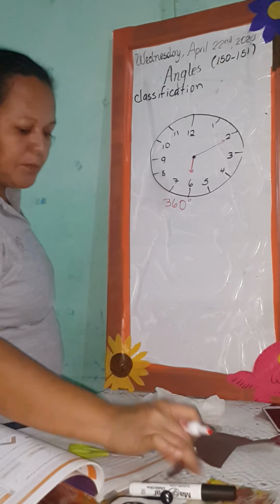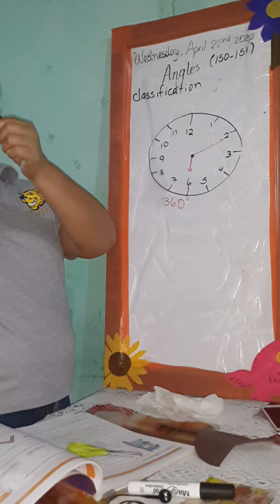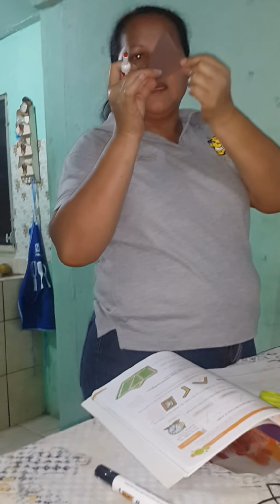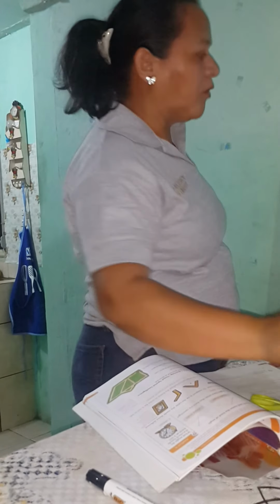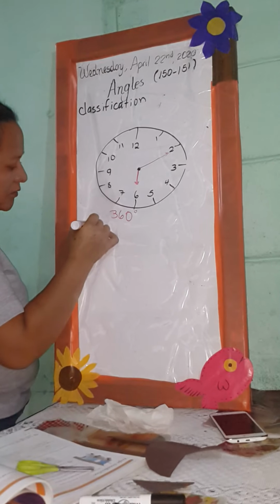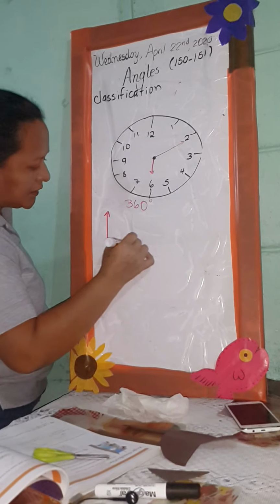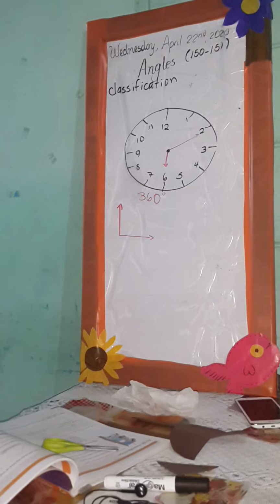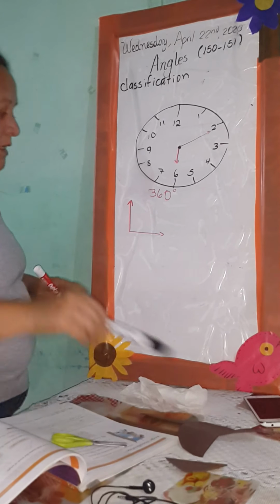But if I cut this part, I don't have exactly the 360. So this angle is called a right angle.